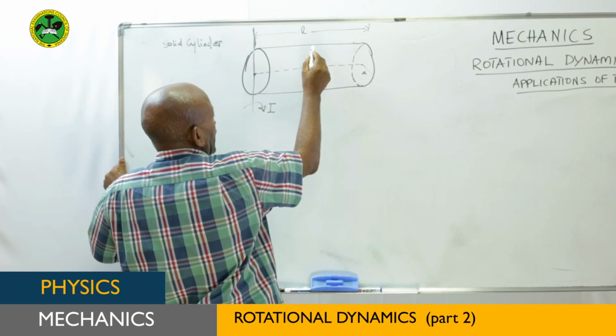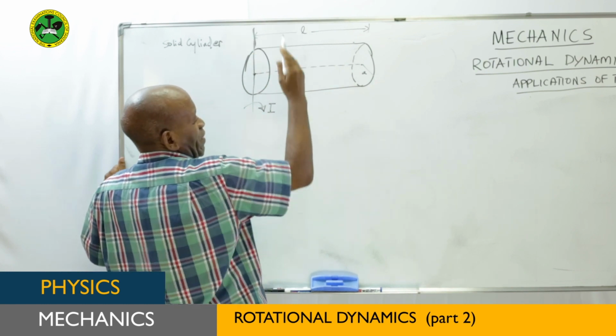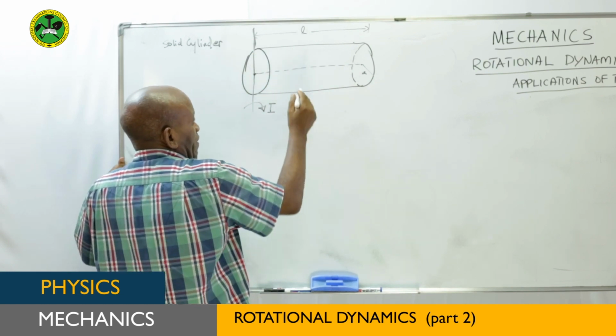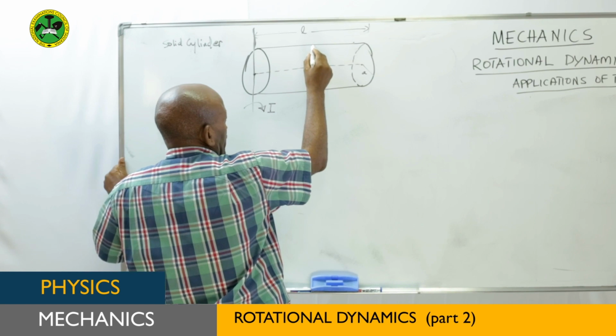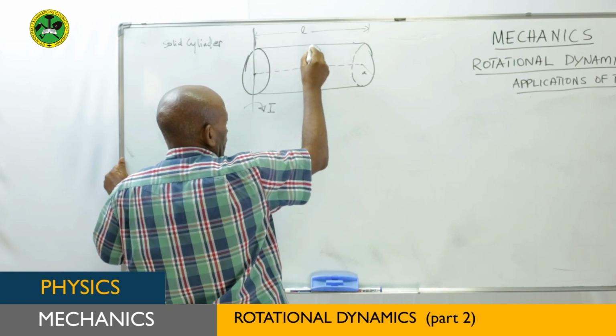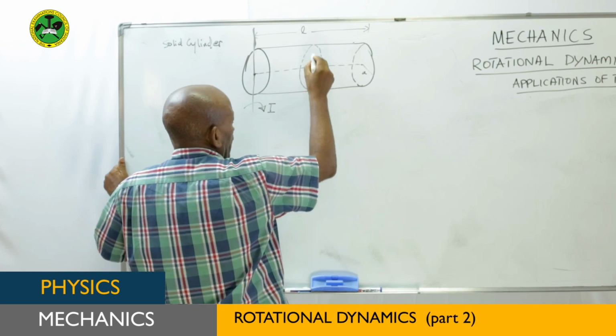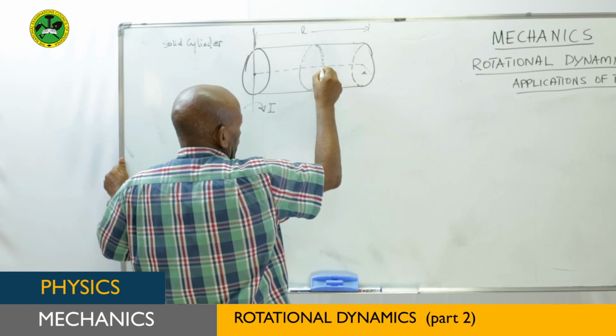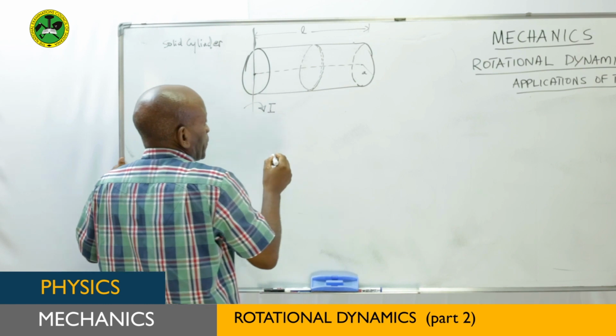So we take any particular slice. If we divide this cylinder into various slices, I can pick one slice at this particular location.